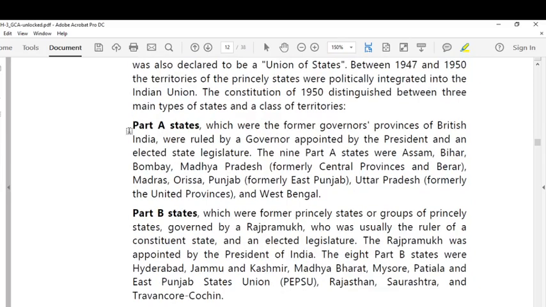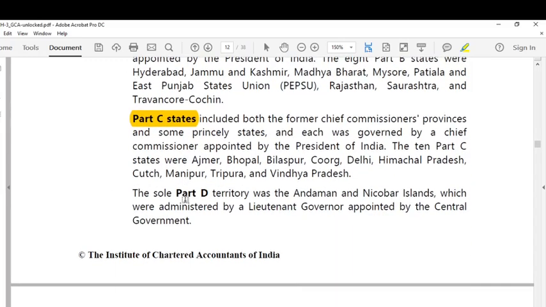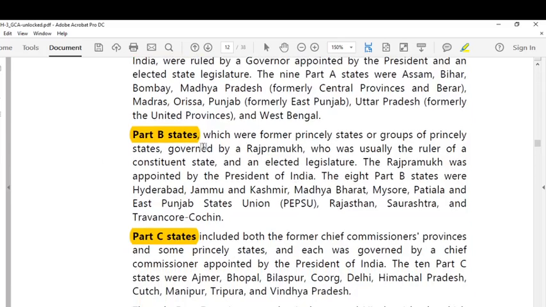And what are the Part A states, what are the Part B states, and what are the Part C states that are given here. You have to see. So the 9 Part A states are Assam, Bihar, Bombay, Madhya Pradesh, and so on, and West Bengal. Part B states are given here.